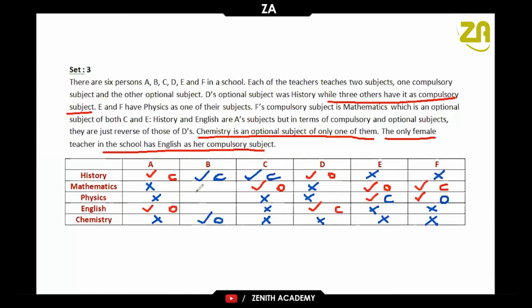Now cancel this, cancel this, cancel this. The only female teacher in the school has English as their compulsory subject. So English is optional, D is compulsory. Okay, it means D is female. Correct? So it is very easy when you work in a grid. Okay?